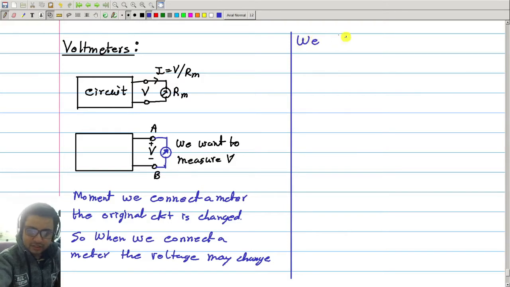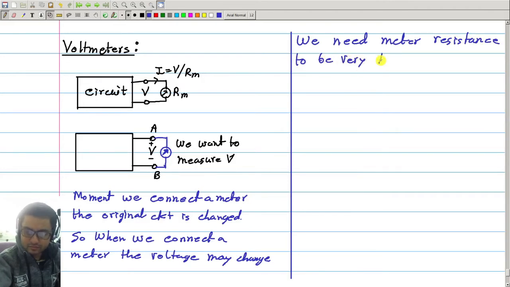So we need meter resistance to be very high. This is the requirement for voltmeters. Now, the obvious question that I will ask: how high is high enough? How high will serve my purpose?